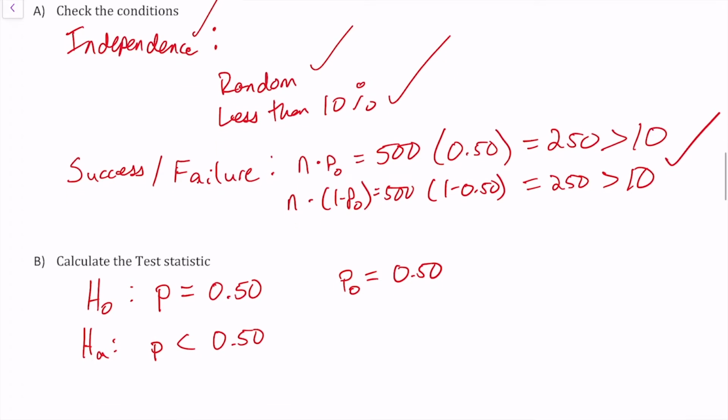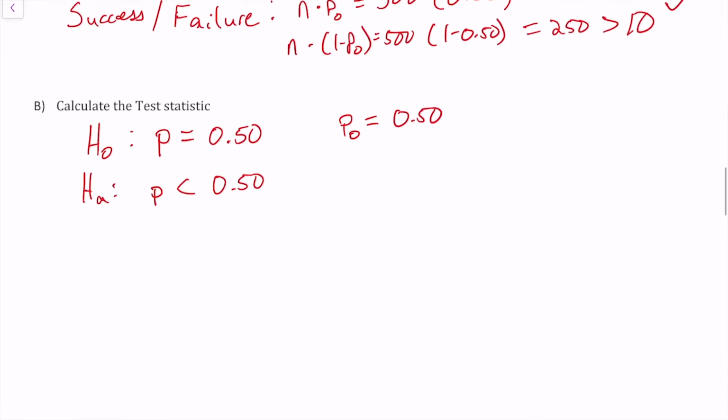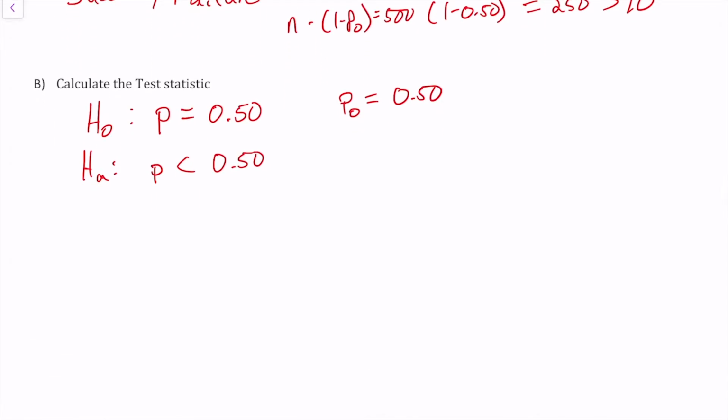All right. Calculating the test statistic. All right. So the test statistic has this formula. So it's going to be a Z test, right? Because we have now a normal condition due to the central limit theorem.